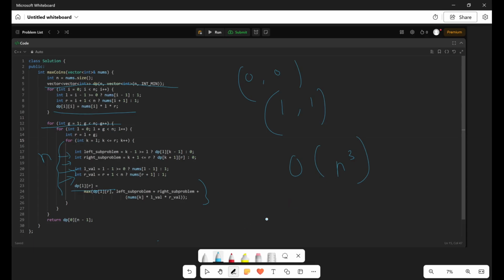Now the space that our dp vector is occupying is O of n square, since there can be at most n square subarrays for a given array. So this is the time complexity, and the space complexity is O of n square.